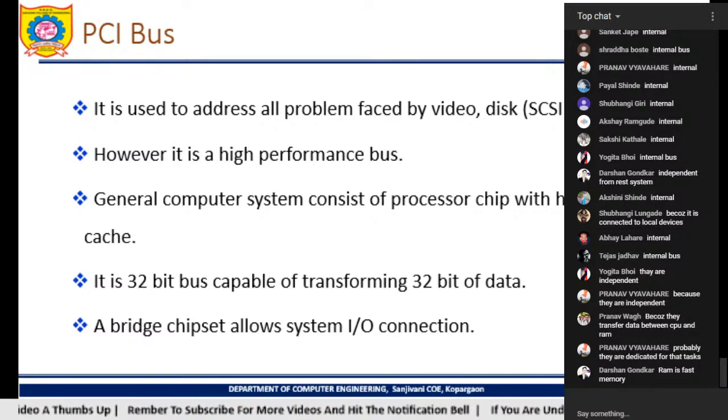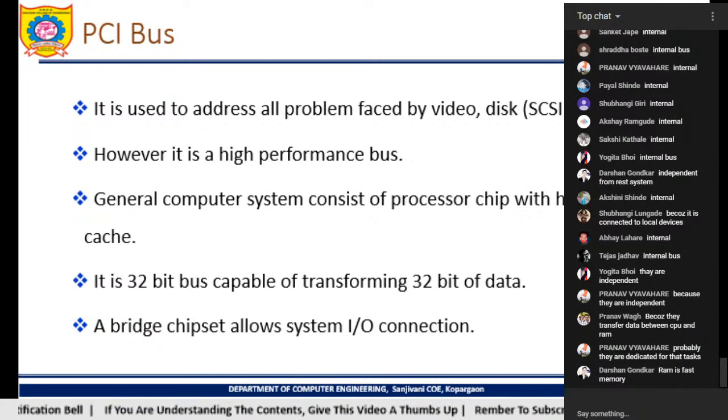A general computer system consists of a processor chip with high-speed cache memories, and it is a 32-bit bus capable of transferring 32 bits of data at a time. Bridge chipset allows the system for I/O connection. So PCI is also one kind of bridging that helps for I/O connectivity. So is it clear to all now?